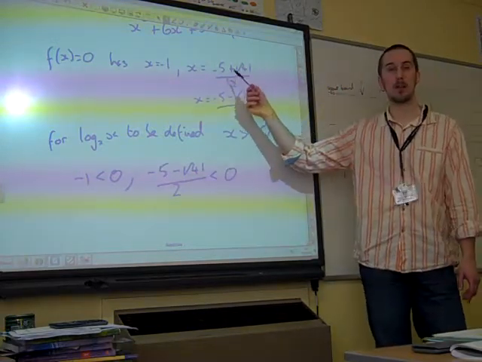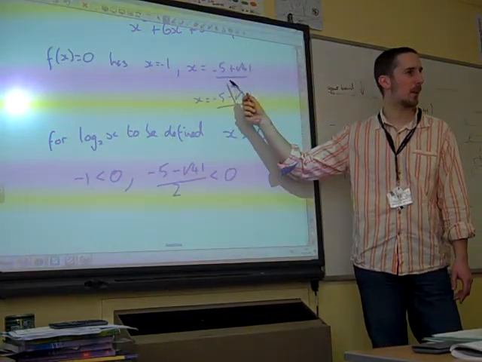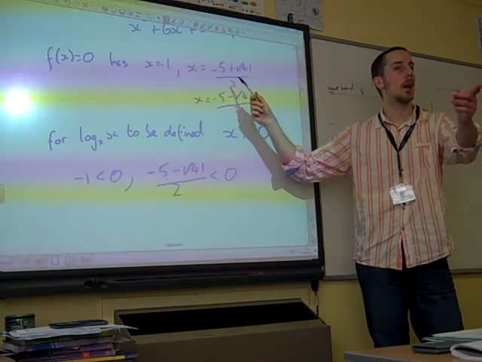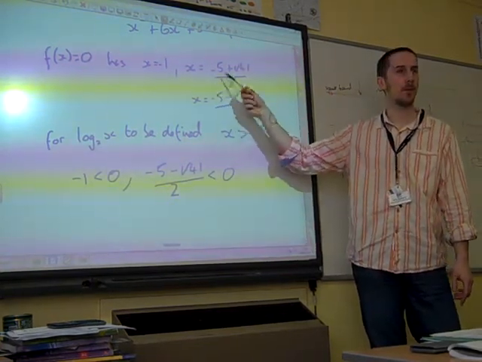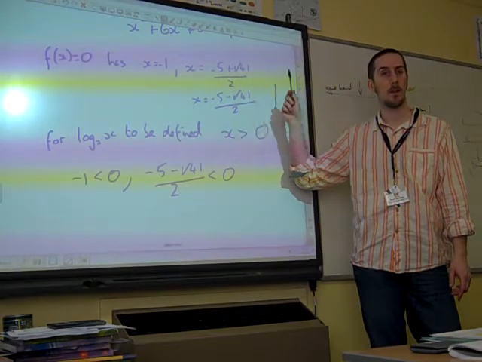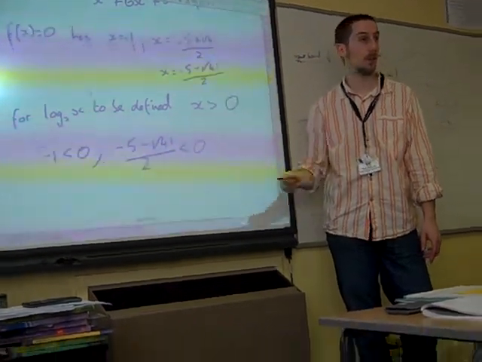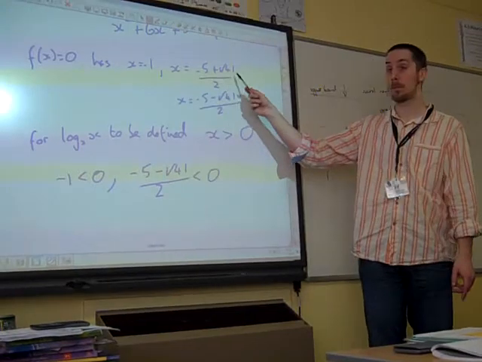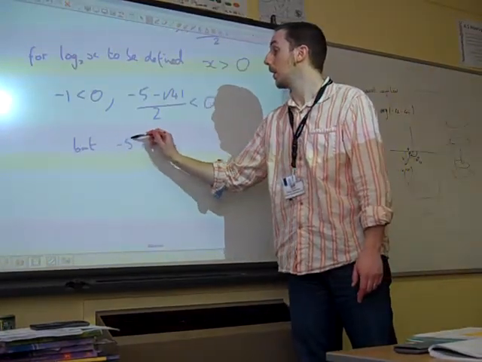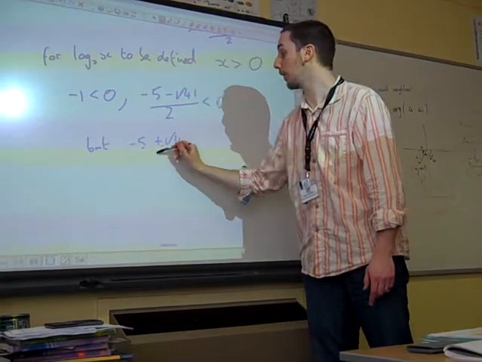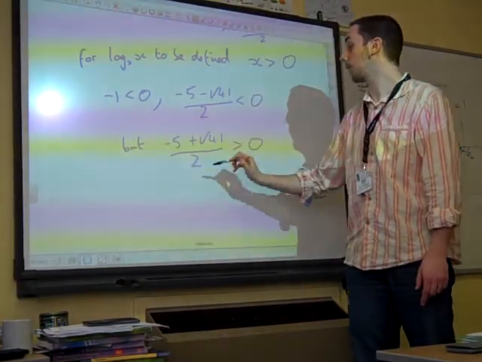We haven't got a numerical value for that, but is -5 plus root 41 over 2 going to be bigger than 0? It's like 0.7 or so. Because root 41 is bigger than 5, so -5 plus that must be positive, divided by 2. So that one is positive.